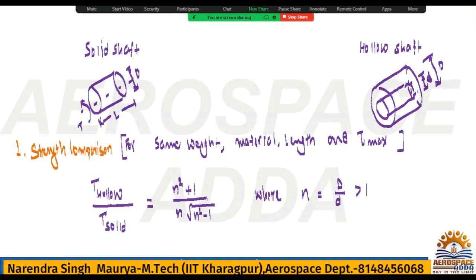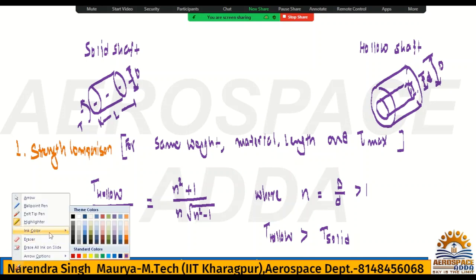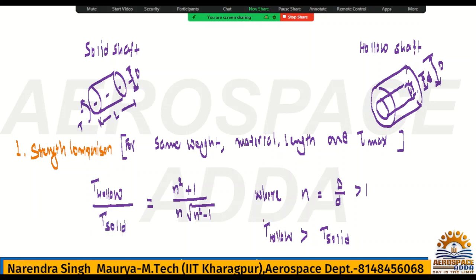So if you check strength-wise, this hollow shaft is stronger than solid. Remember, not always. We have a condition. For this condition only: same weight, same material, same length, and same tau max for both, then the hollow can resist more twisting moment compared to solid.